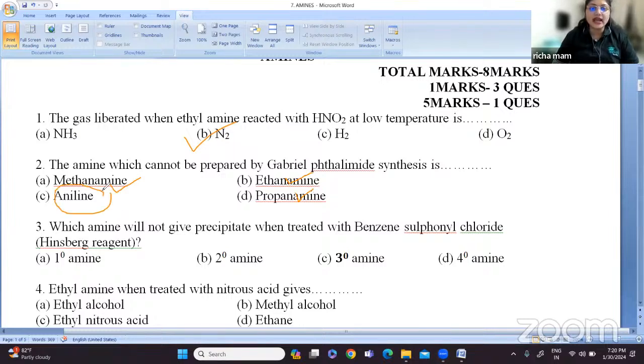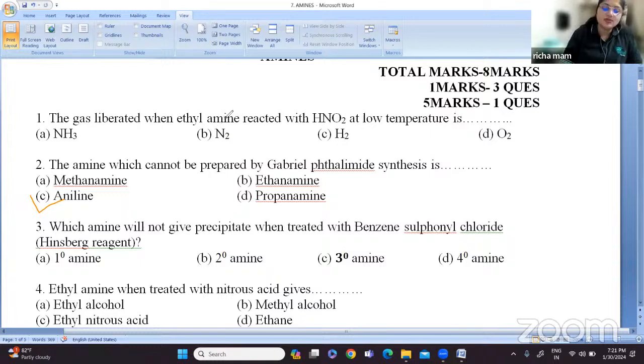What is aniline? Aniline is an aromatic amine. So aromatic amines cannot be prepared by Gabriel phthalimide synthesis. Remember that we cannot prepare aromatic amines.